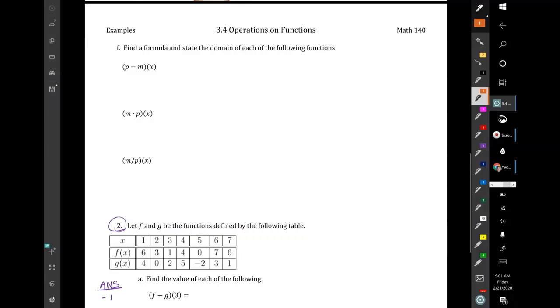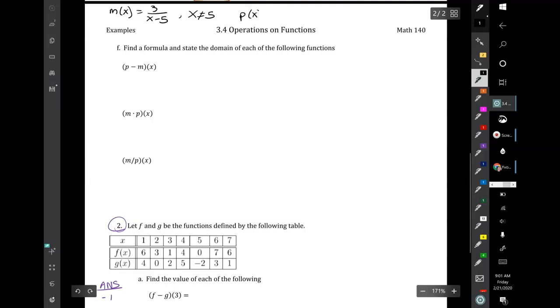I'm going to rewrite the functions here at the top of the page so we have them down. So m of x was equal to 3 over x minus 5. And remember, x couldn't equal 5 for the domain.